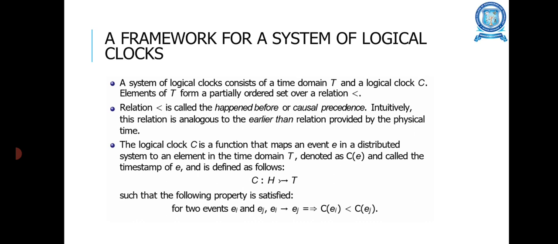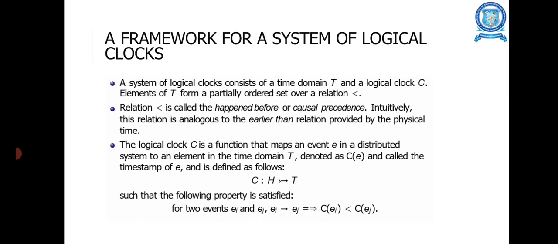The logical clock C is a function that maps an event E in a distributed system to an element in the time domain T, denoted as C of E. This is defined as follows: C, the logical clock, maps H to T, such that the following property is satisfied.